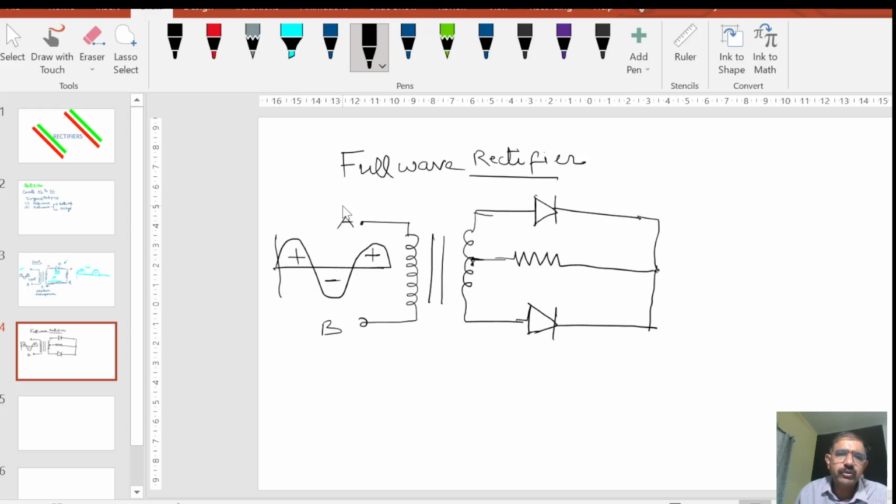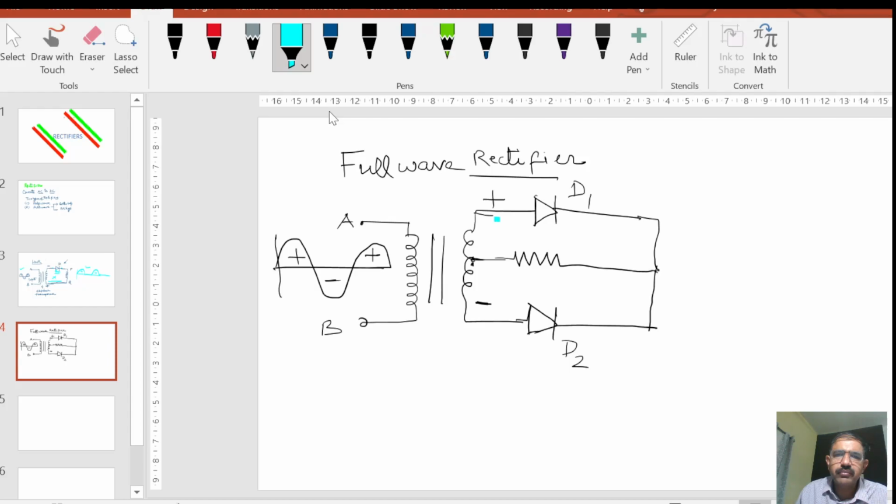Now what happens during the positive cycle? This end becomes positive and this end becomes negative. Suppose this is diode D1 and this is diode D2. During the positive cycle, diode D1 conducts and D2 remains off.